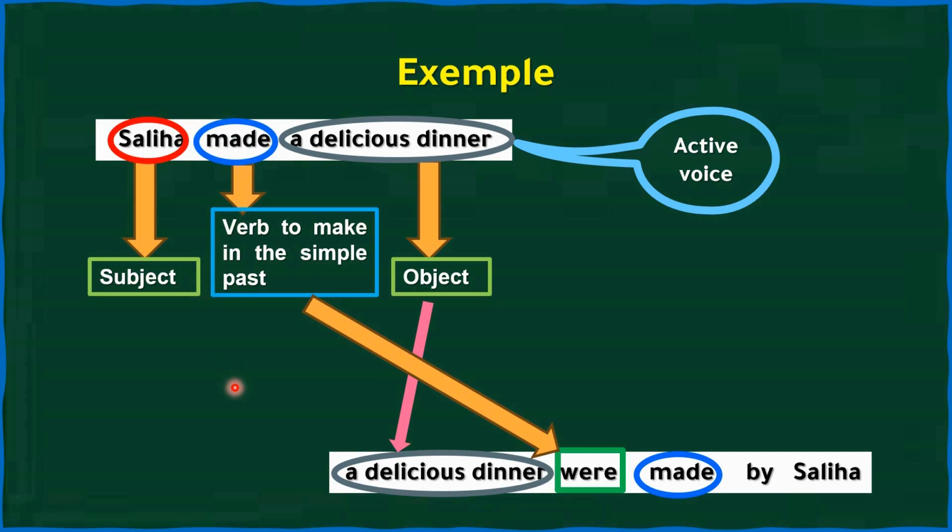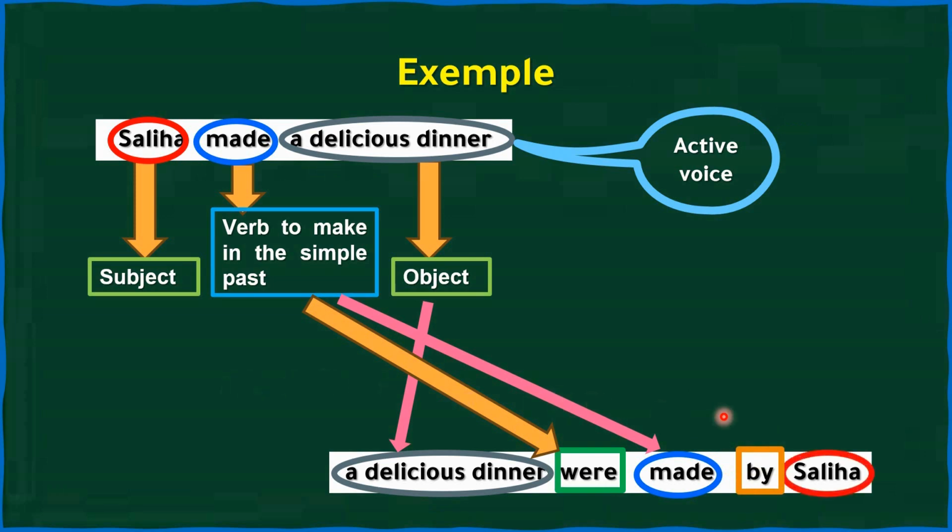The past participle of to make is made. And also we have "by". By is a preposition. It is optional. We can add it or we can drop it.